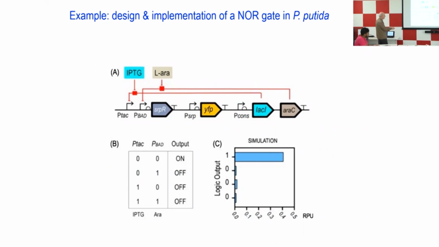That is exactly the situation that you want to have, because you want a NOR gate. So this is the prediction, the simulation that the system will do on the basis of the data that you have already entered for each of the particular parts.